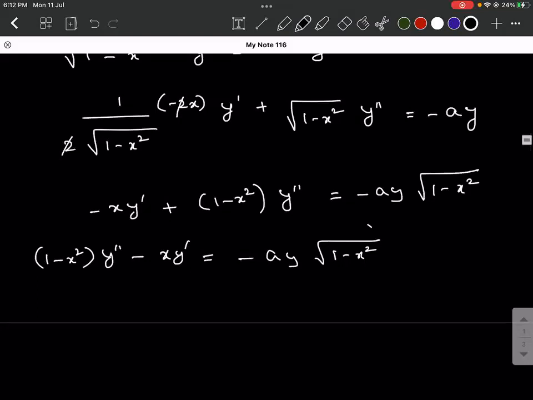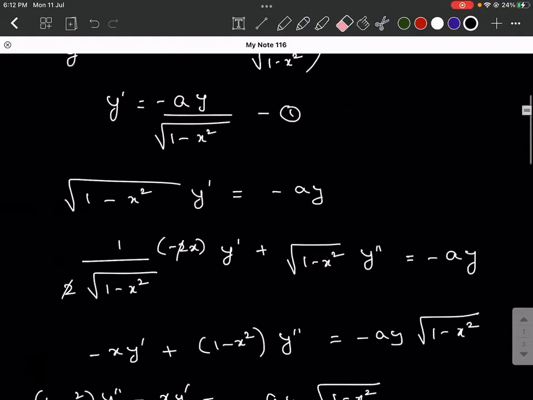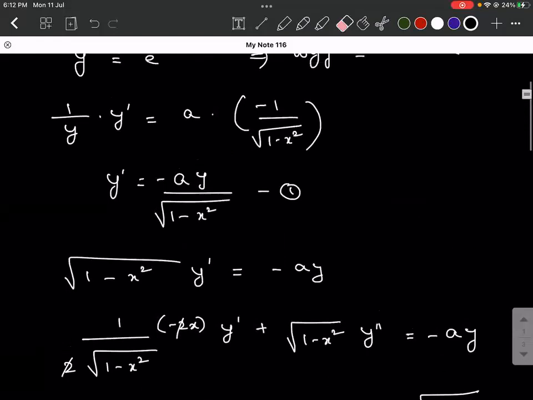Maybe this root of 1 minus x square can give us a minus a. But is there a step where I'm able to find it as minus a is what I'm checking.